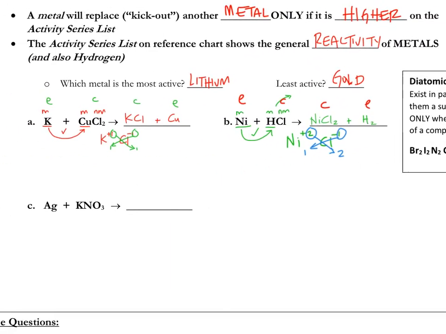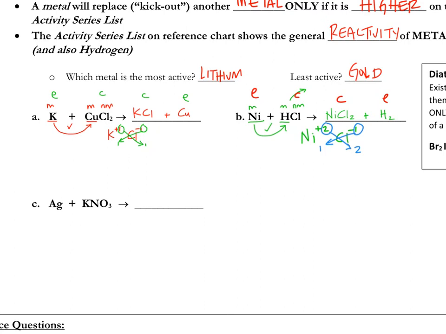Silver plus potassium nitrate. So silver is my metal, potassium is a metal, nitrate is a polyatomic ion, so it's a nonmetal. So I'm really looking at silver and potassium. In order for this reaction to take place, silver has to be higher up on the list than potassium.